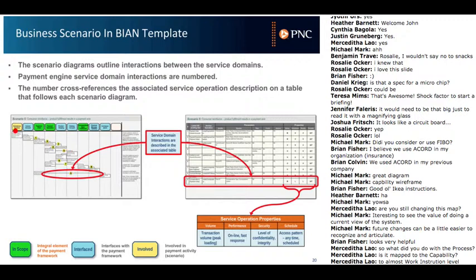I am actively right now working with our process teams at PNC because we're looking at how we effectively start managing our service hierarchy, our capability map, and then the processes which we use for risk analysis so that they're linked, because all of them ultimately should map to the same capabilities.